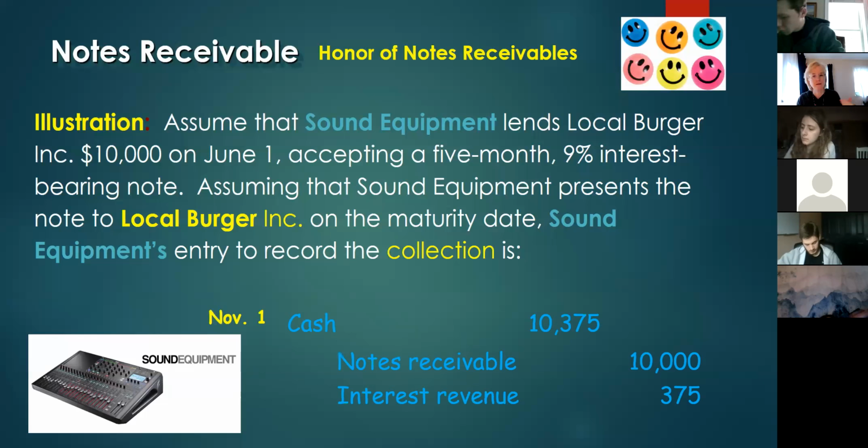So we're going to empty out note receivable at face value. We're going to recognize the interest. Sound equipment is going to recognize the interest of $375, and cash is going to go up by the face amount plus the interest.